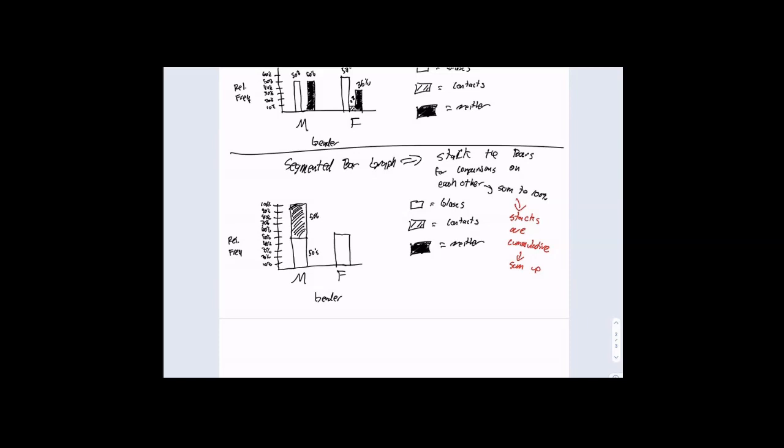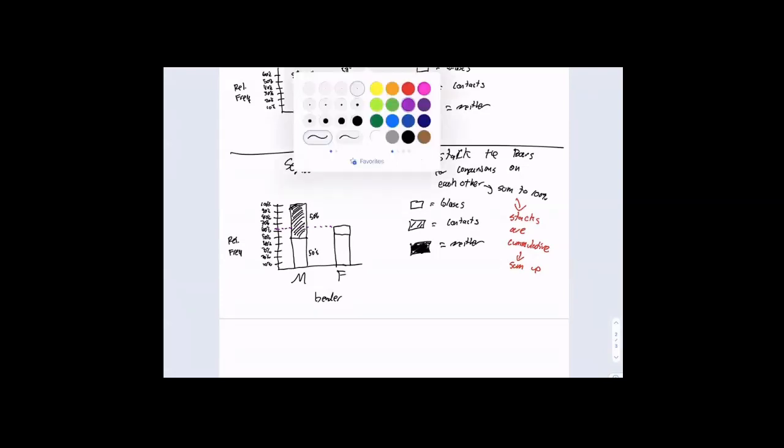Okay, so where am I going to go up to then? Up to the 60? Up to the 57? No. Close. It's actually going to be around 64%. 64%. Because you're stacking them.